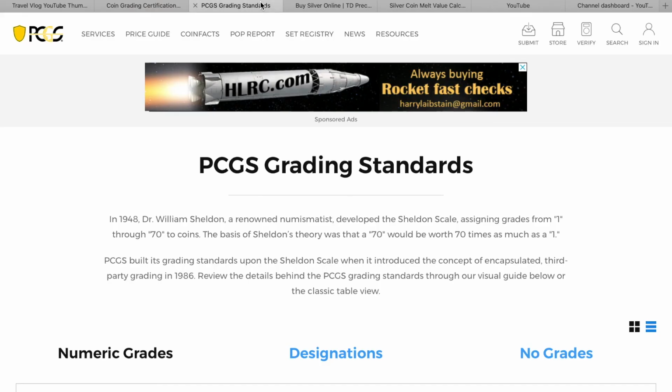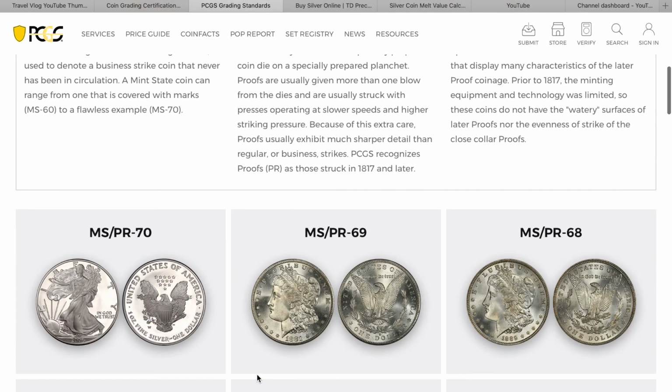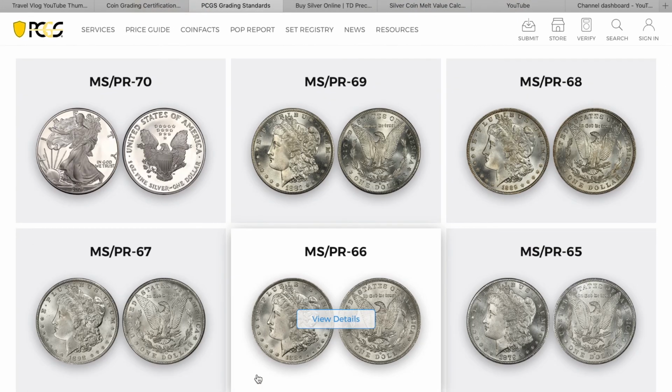Because they actually have some examples of what they're looking for here, just pictures. It is kind of tough, just with the pictures, to see the difference between, say, an MS70 and an MS69. Well, with the MS70 here, the American Silver Eagle, even in the picture you can see it looks gorgeous.